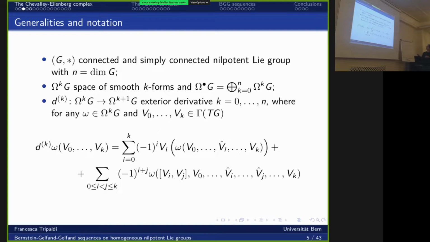So for the notation, this is the exterior derivative, the de Rham differential, whatever you want to call it. The k here denotes the degree of the forms it's going to act on. This is the formula you also get on Wikipedia, the usual exterior derivative.